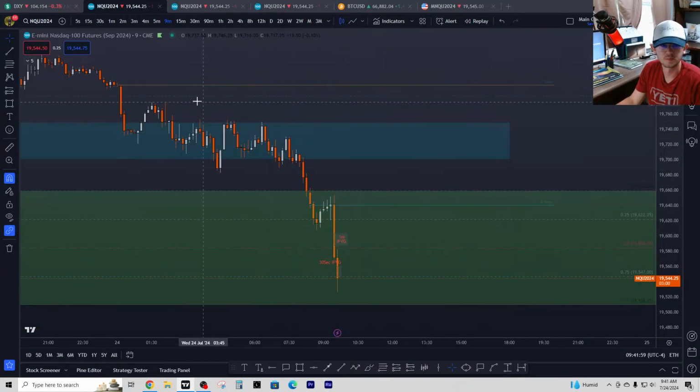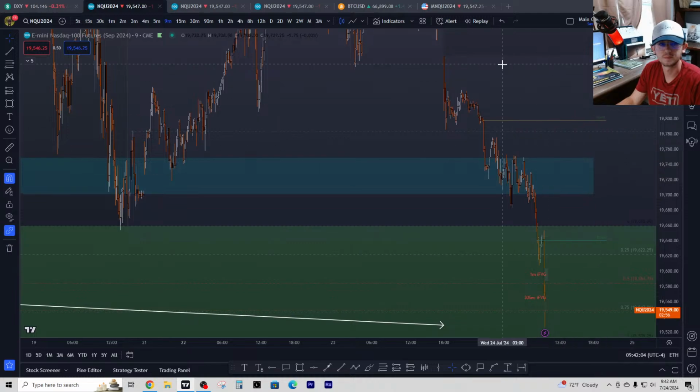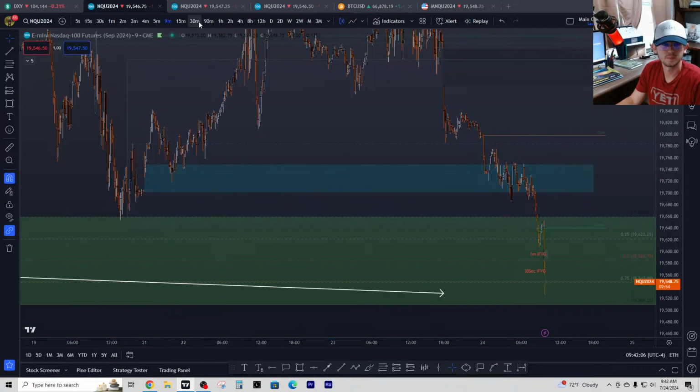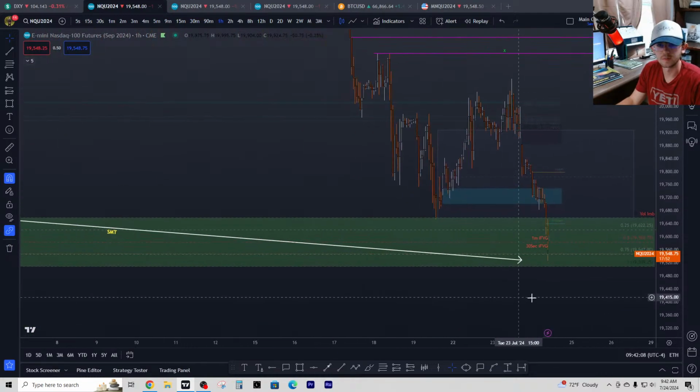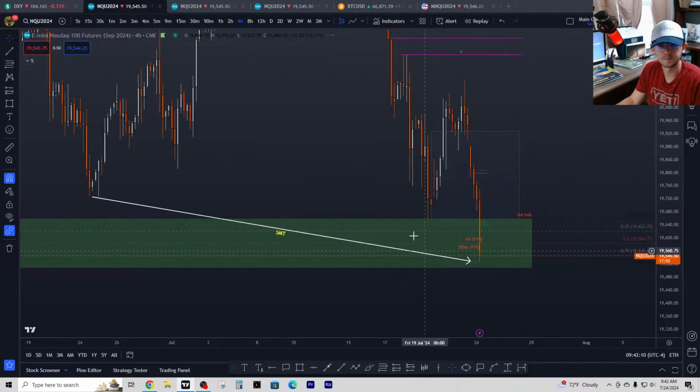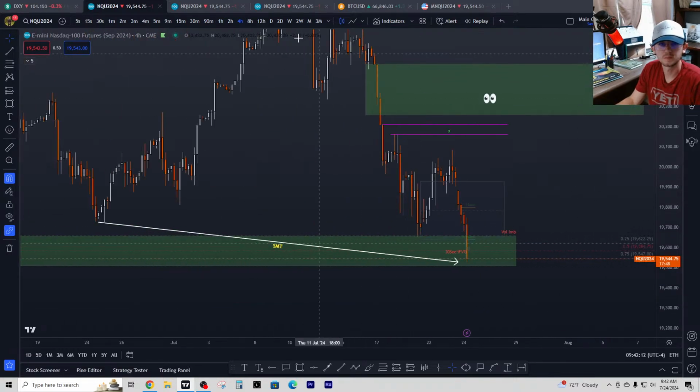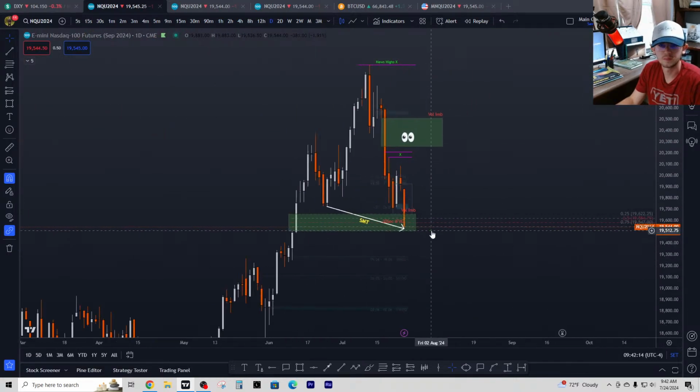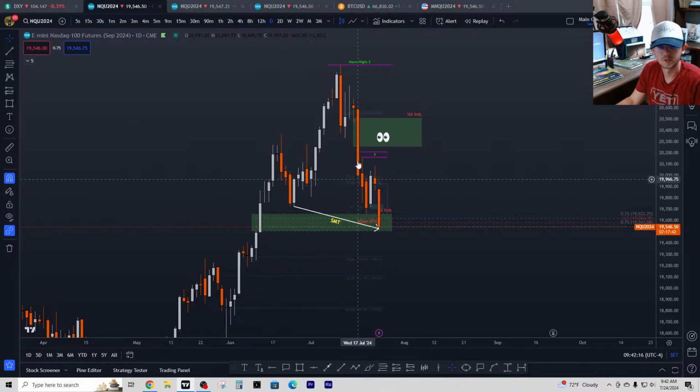Look at all this low resistance up here. Higher time frame though, we've got to keep in mind where we are. This could be the sell model. Go all the way down lower.